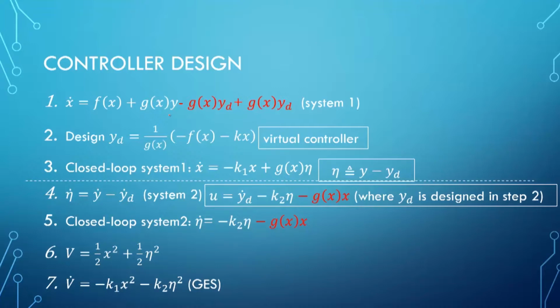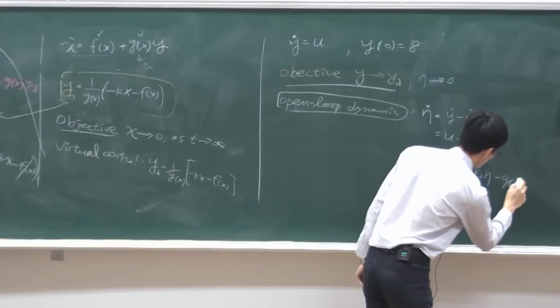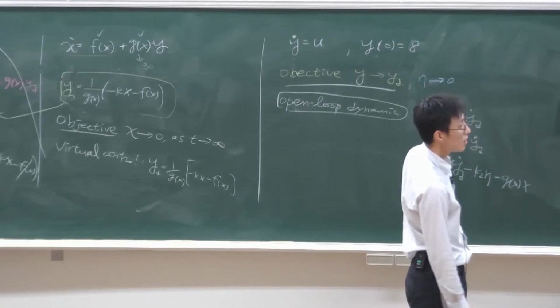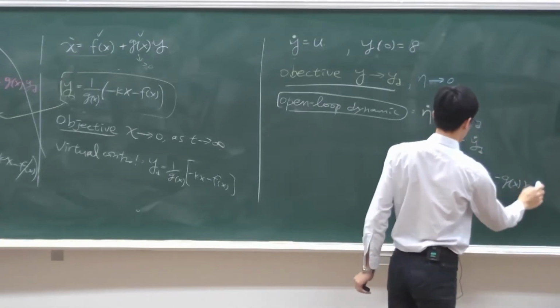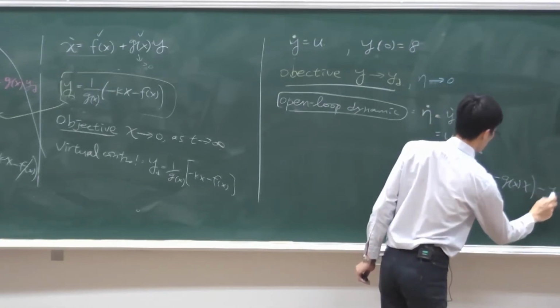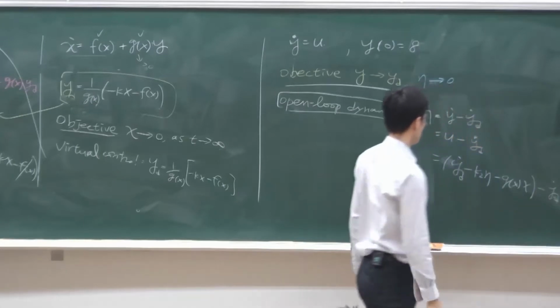If you substitute u into here, you get yd dot minus k2 eta, which is the feedback term, minus gx x, minus yd dot.